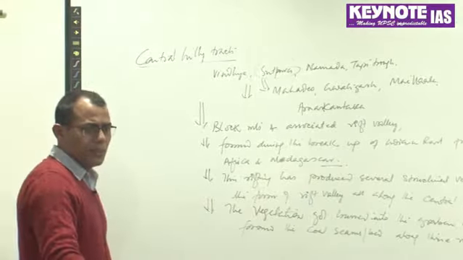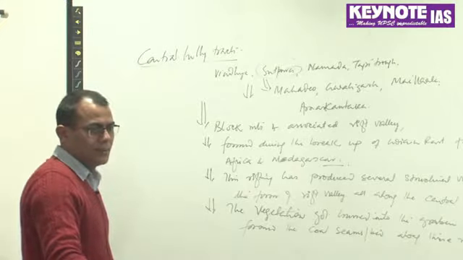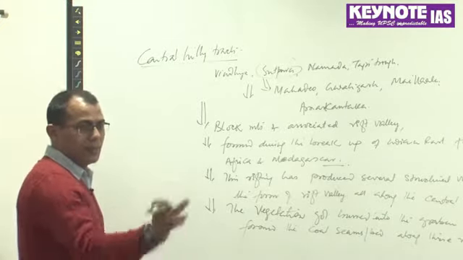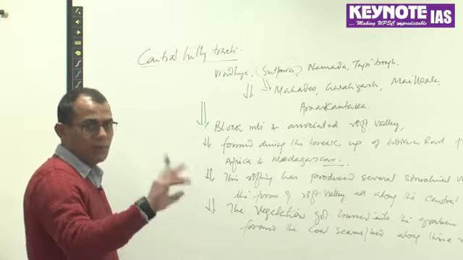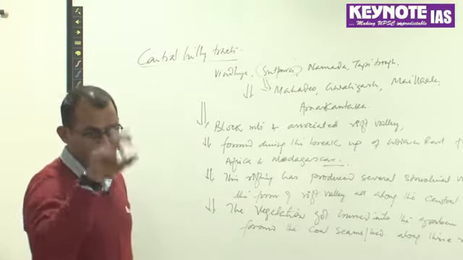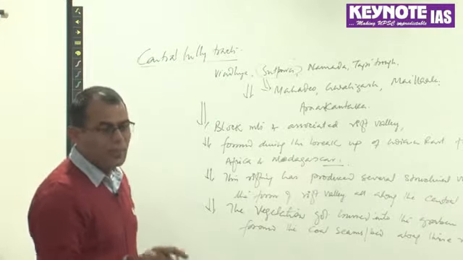Rift Valley is also called graben. Horst and graben, Rift Valley and Block Mountain. The technical difference between Block Mountain and Horst is that Horst is flat and Block Mountain is peak-like. Graben is slightly broader, Rift Valley is narrow.